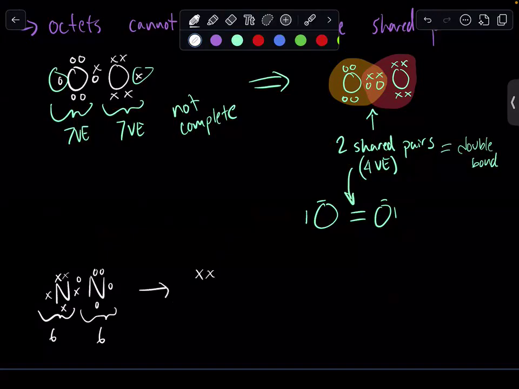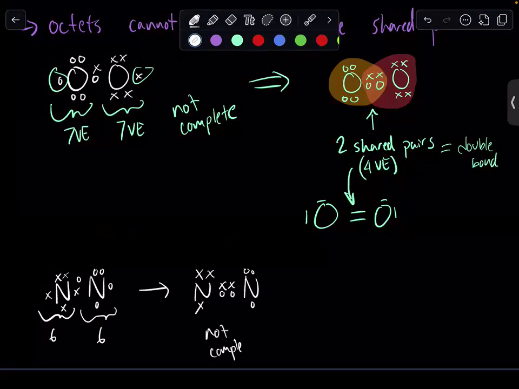Let's double it up. 2, 3, 4, 5 valence electrons, and N 1, 2, 3, 4, 5 valence electrons. It's still not complete. So the double bond didn't work, but we notice we still have these little stragglers. We have these lone electrons, and the truth is we're never going to end up with lone electrons. They will either bond to something else or create that triple bond or create whatever. They're going to create a bond.